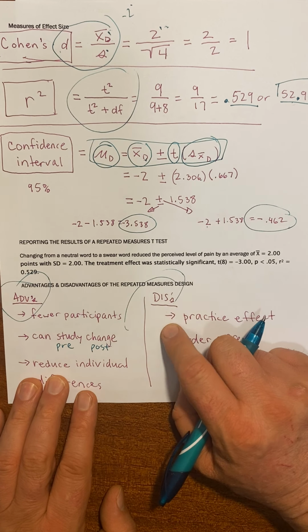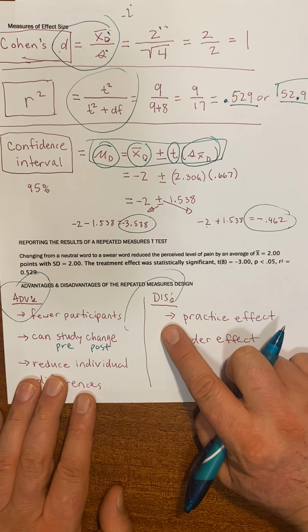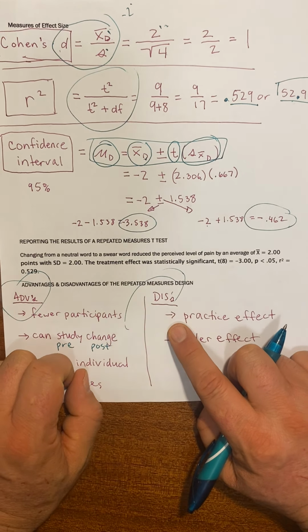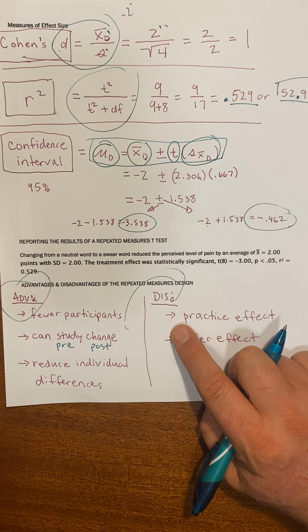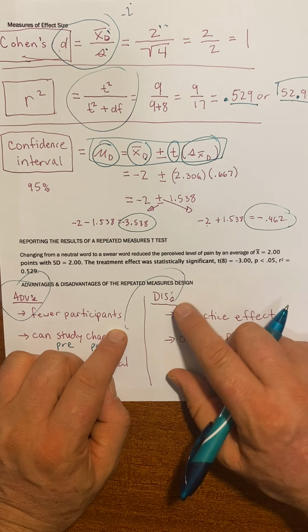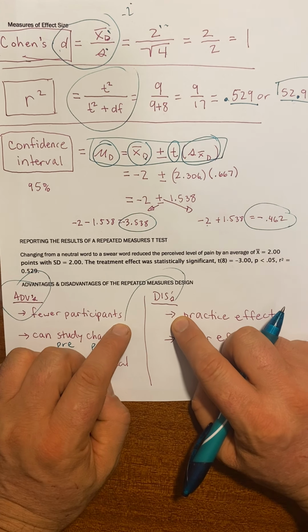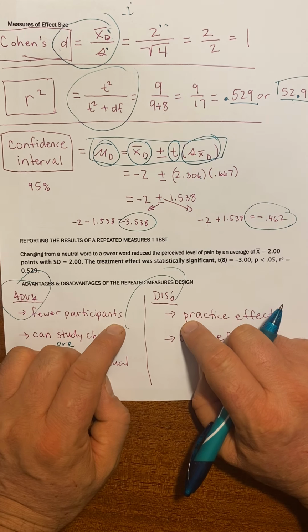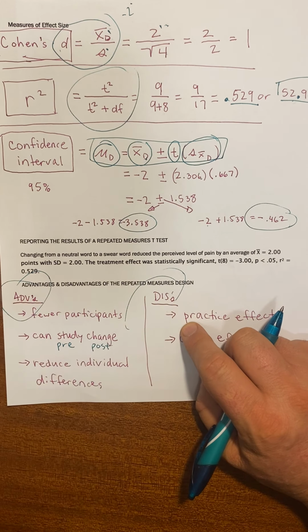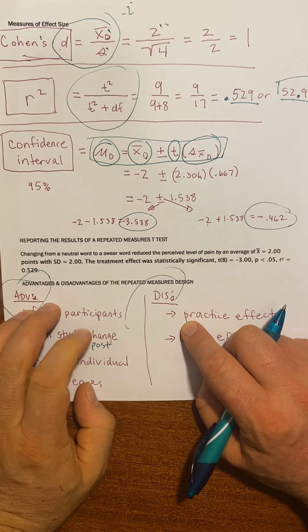But then there are also a couple of disadvantages to using this design. One disadvantage is that if you see an effect, say participants improve in a skill, that may not be due to your intervention. Say your intervention was teaching them using some kind of fancy new teaching technique, and you're thinking, oh, my fancy teaching technique was what made the difference here. Could be the actual opposite.